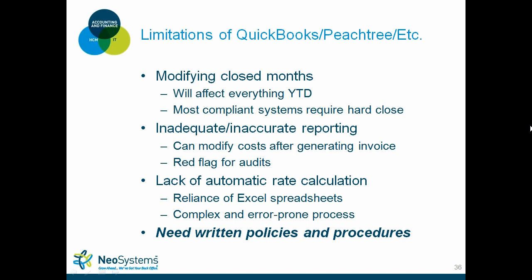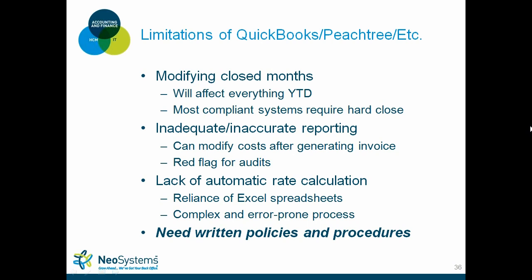DCA will pass a QuickBooks system audit, but if the system is not set up very thoroughly and disciplined, one of the problems with QuickBooks and Peachtree is that you can go back into any month and modify a number. Most compliance systems require that the system be able to complete a hard close so that any adjustment that you have for a prior period will be done in the current period. Okay?